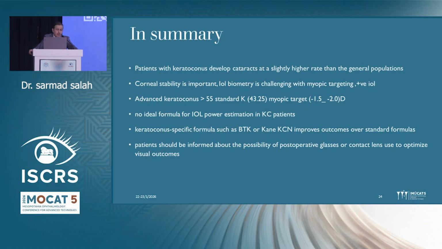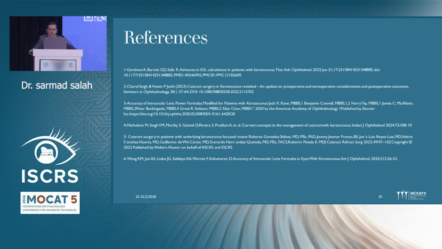There is no ideal IOL formula, although keratoconus-specific formulas, such as Barrett True-K, can improve outcomes over standard formulas. Patients should be informed about the possibility of postoperative glasses or contact lens use to optimize visual outcome. These are my references, and thank you.